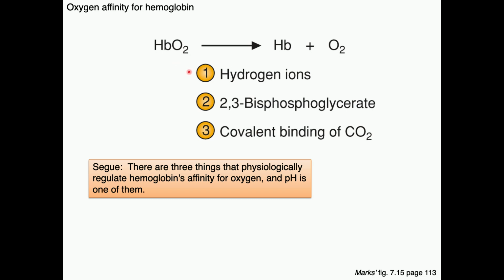Things that affect the affinity of oxygen for hemoglobin are proton concentration through the Bohr effect, the 2,3-bisphosphoglycerate, which I believe we talked about in our glycolysis lecture back in Foundations, but we'll revisit that, and then the carbamation of hemoglobin through the binding of carbon dioxide to the N-terminal ends of the protein. Okay, so these are the three things that can affect affinity for oxygen.